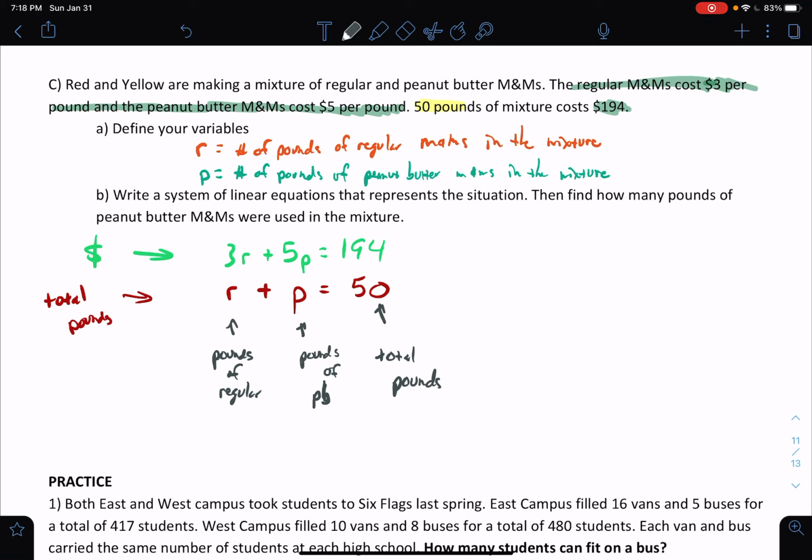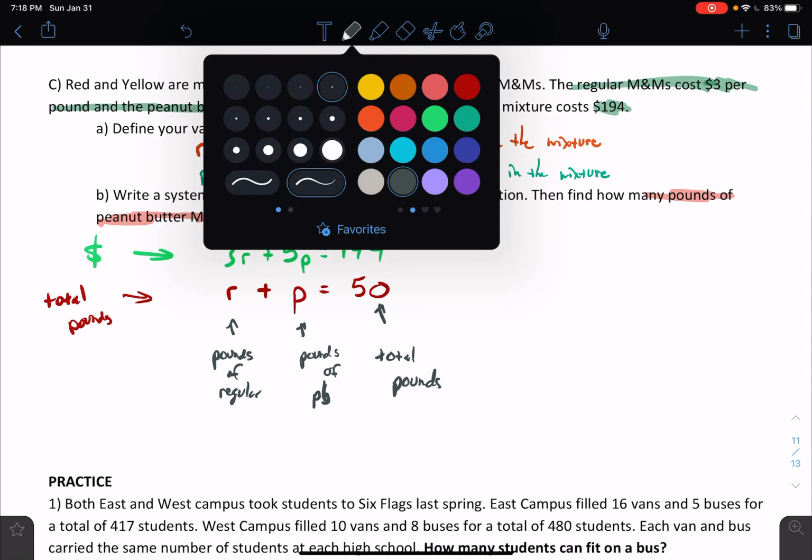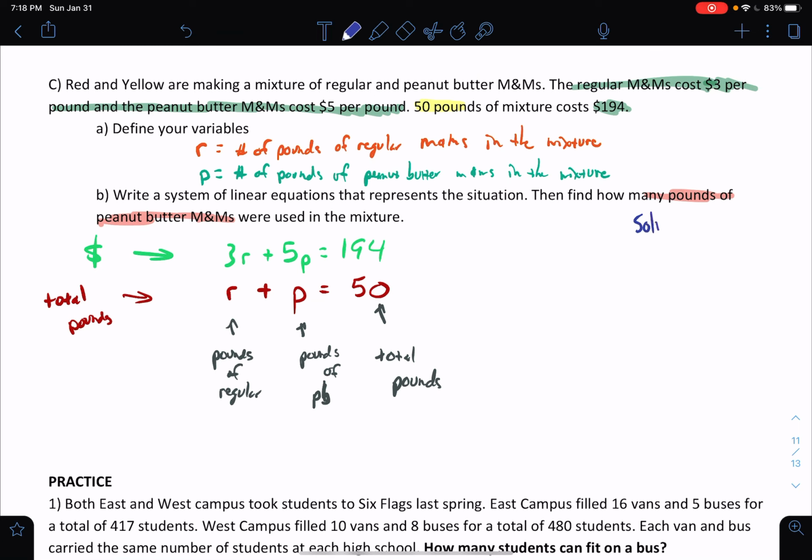So now that we've got a system, part B asks us to find how many pounds of peanut butter M&Ms were in the mixture. So we need to solve for P. If we're going to solve for P, we might as well eliminate the R's.